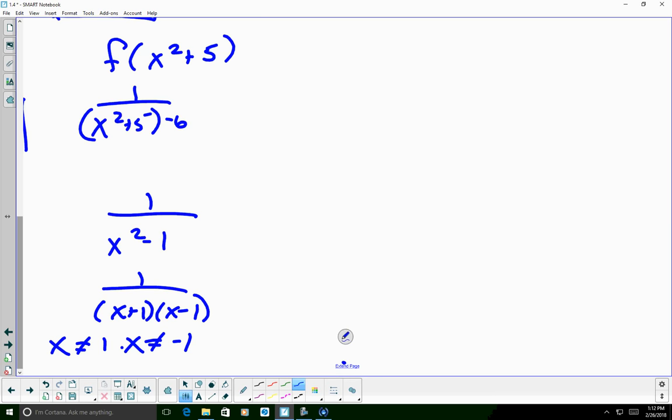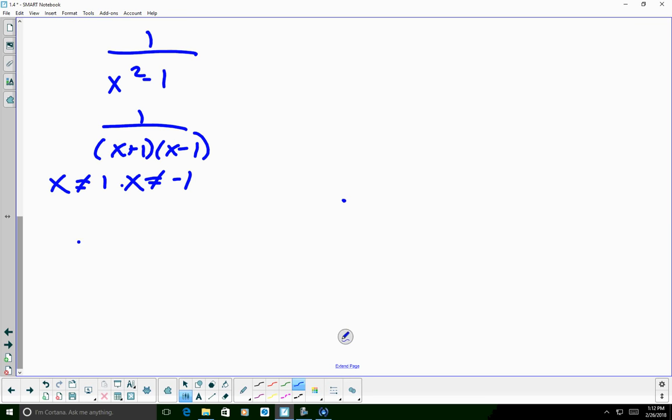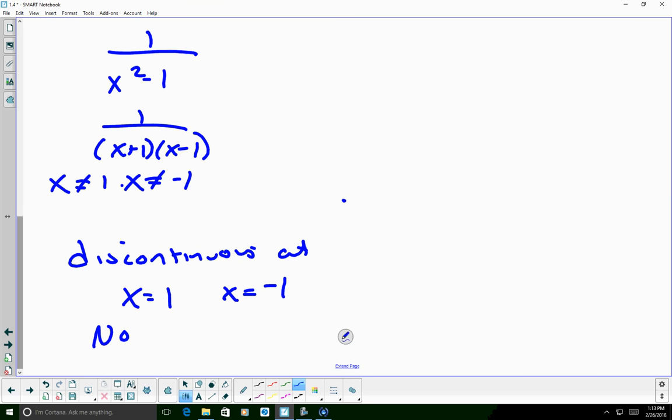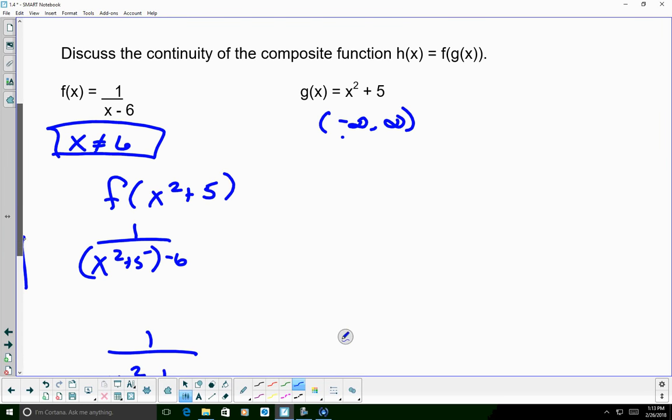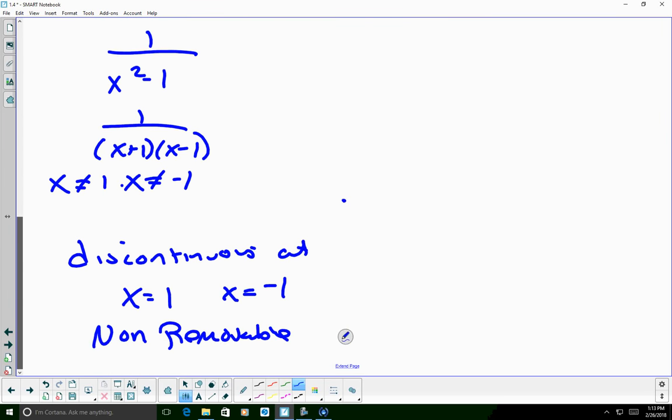So now this composite function is discontinuous at x equal to 1 and x equal to negative 1. And those are both non-removable. I cannot simplify them out, and they will create asymptotes at those 2 points. So that's just seeing how the continuity changes when you take a composite function.